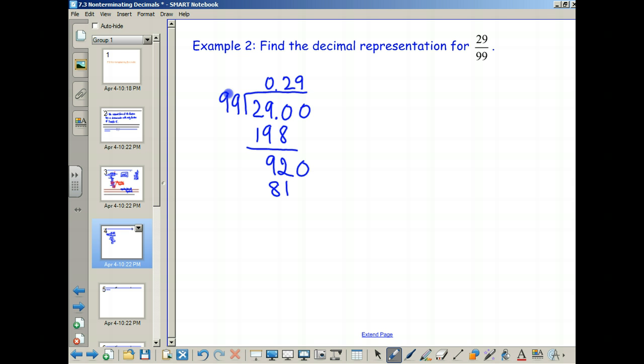I think it's 891 actually. I wrote it wrong at first. And what happens if I subtract 920 minus 891?